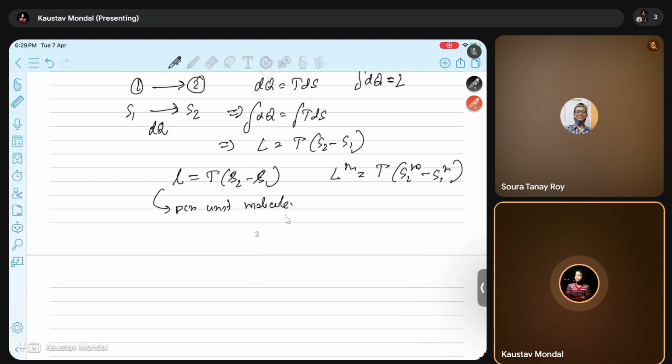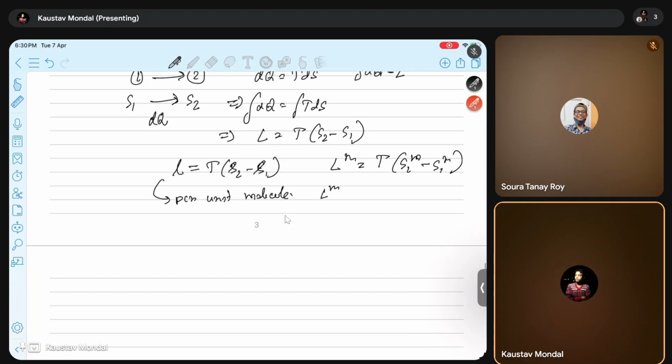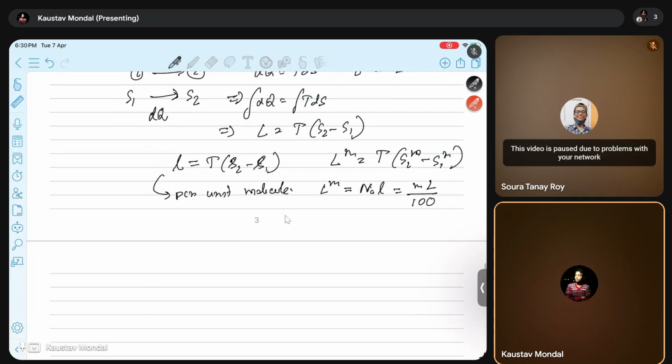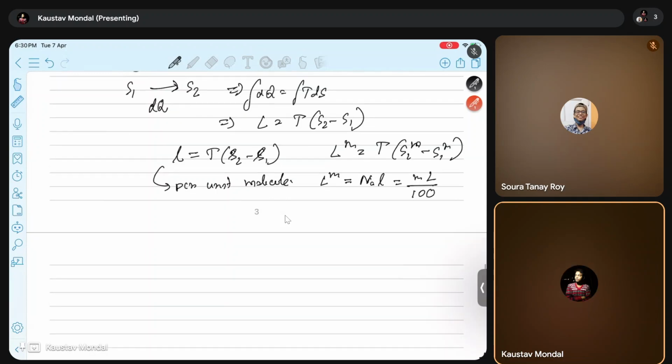The relation between all of these different types of latent heat is like this. Lm equals Na into l, where Na is the number of atoms, number of molecules. That into l would be ml by 100 in SI units.